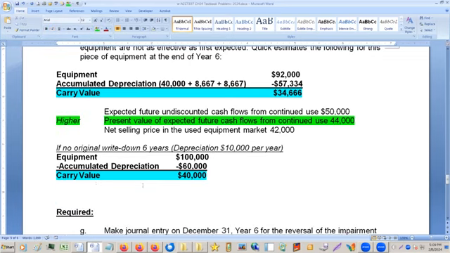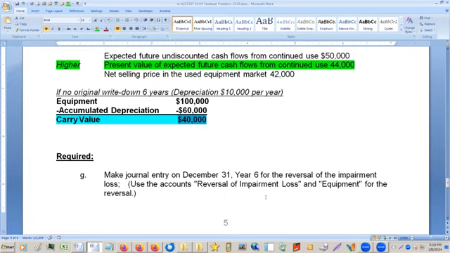And we take the lower of those two, so we can recoup what was in there, what it would have been up to today. So 40,000. What's the difference between it? So we're going to write up from 34,666 to 40,000.